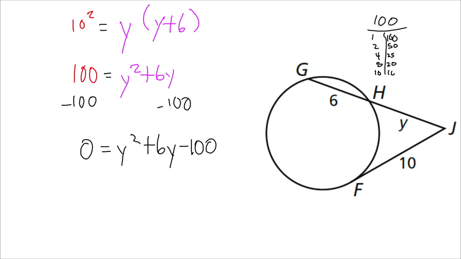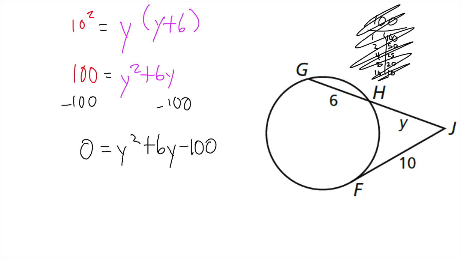There's 10 times 10. Okay, none of these have a difference of 6, meaning we are not doing that. So I'm going to put this one in Desmos because Desmos is way easier for this. And I'm going to type it as x squared plus 6x minus 100.